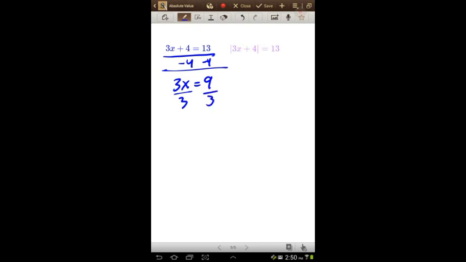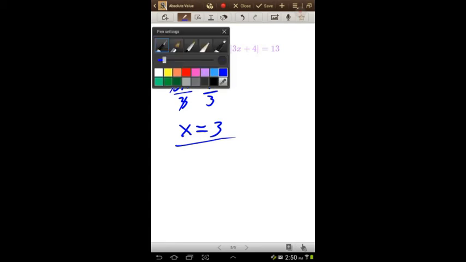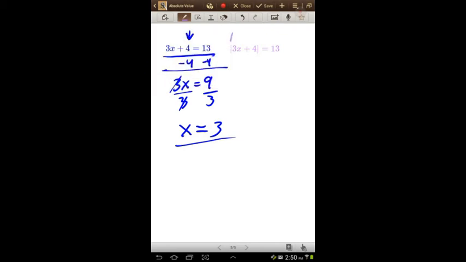Here, in the first equation, 3x plus 4 has to be 13. Solve it like normal. In the second equation, because of the absolute values, this expression in here could be positive or negative 13.